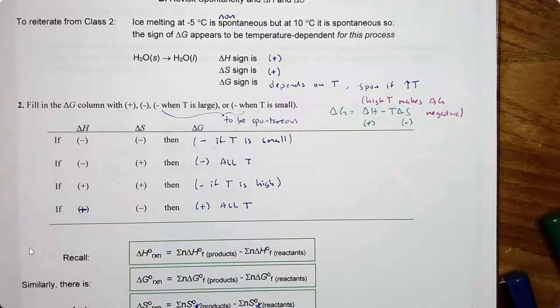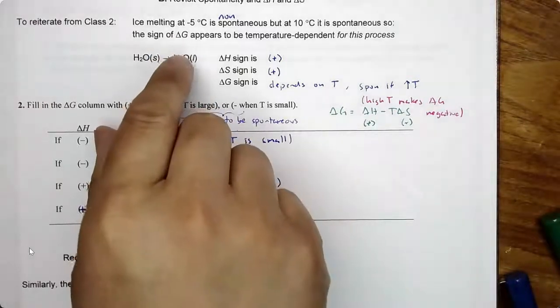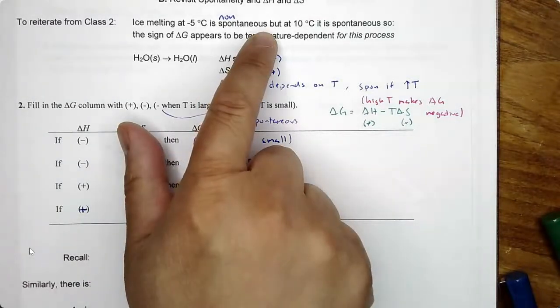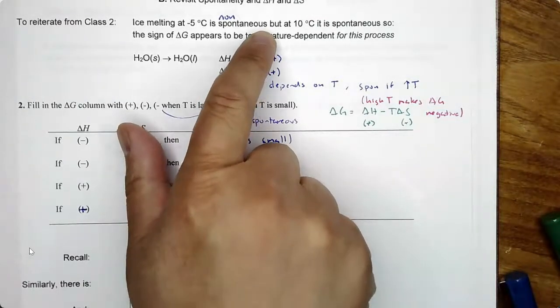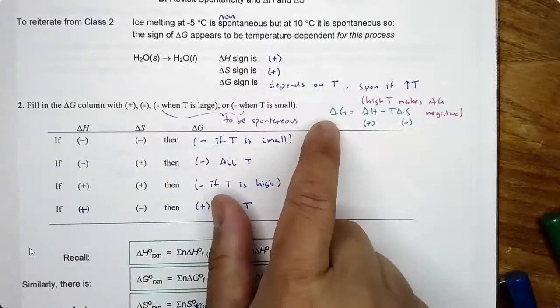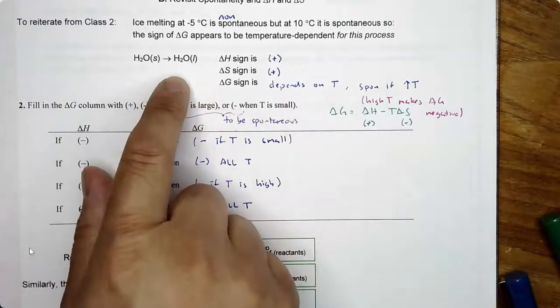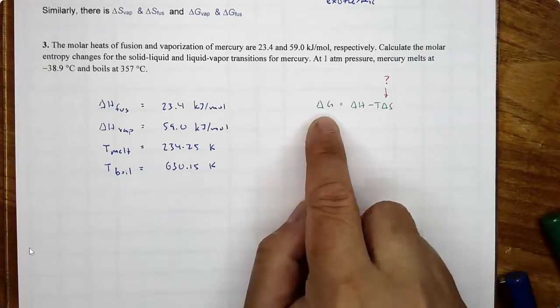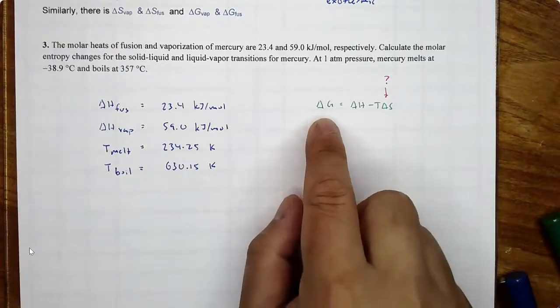At some point, delta G is neither negative nor positive, it is 0. And you know what that point is? That point is the melting point. The melting point is the temperature at which delta G is 0 for this process. So indirectly, we know we could get delta G because we could set delta G to 0.